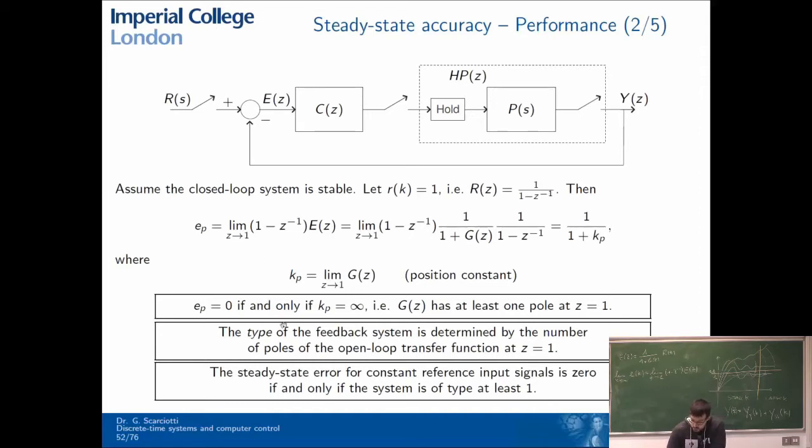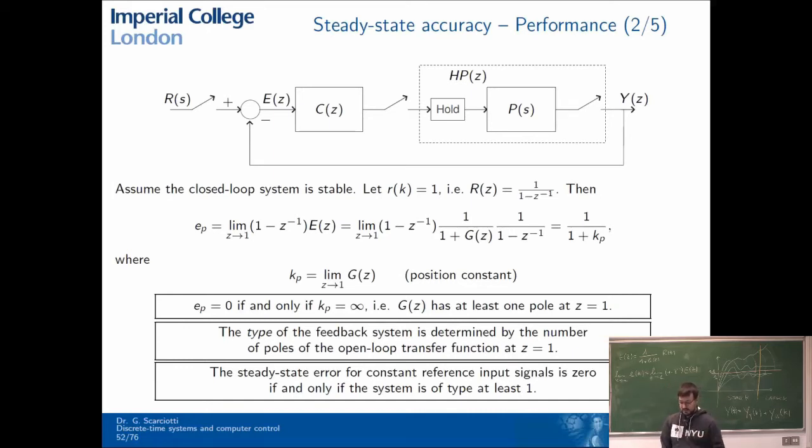We introduced the definition of type of the system. The type of the system is determined by the number of poles of the open loop transfer function at z equal to 1. So if g of z has one pole in 1, then the system is of type 1.